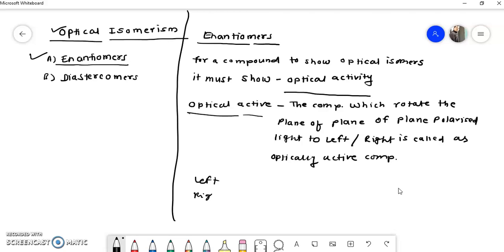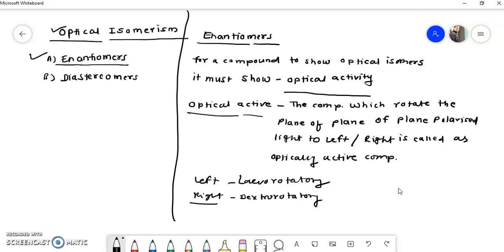If it rotates the plane to the left, it is called levorotatory. This I have explained already. And if it rotates the plane of polarized light to the right, it is called dextrorotatory. So for a compound to show optical isomerism, it must be optically active.